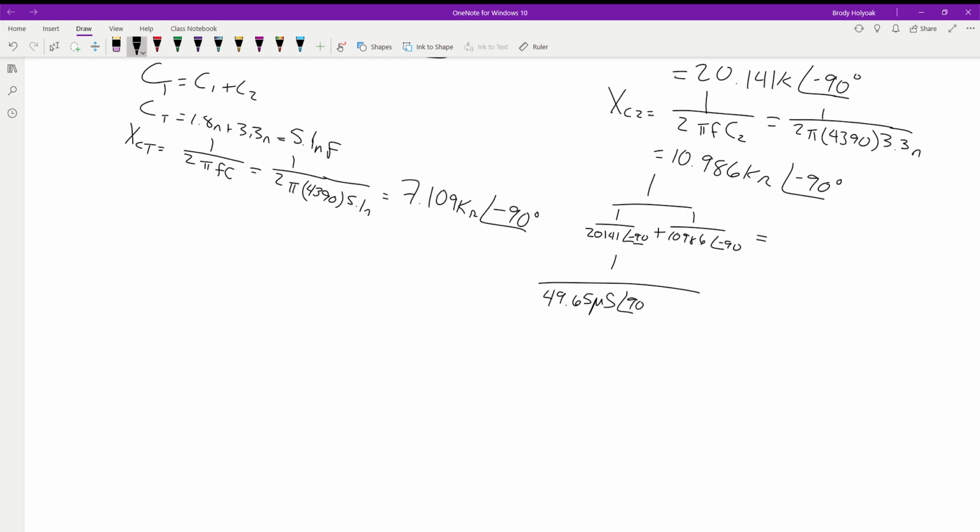Microsiemens. Okay? So we've flipped it into the opposite of resistance, which we're going to talk about in the next chapter when we start talking about the opposites of these guys. Because just like resistance has its opposite, the conductance, we have another name that we can call these guys as well. And we'll talk about all that later.